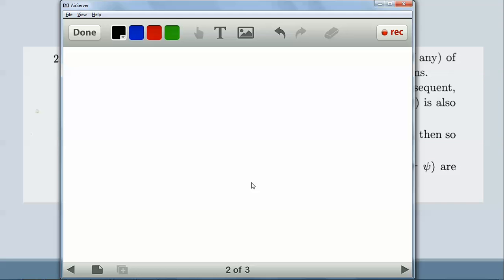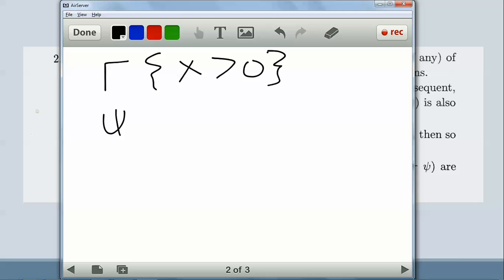Here's why. Let's say gamma is the set of statements, I don't know, let's say x is greater than 0, right? X is greater than 0 entails psi. Let's say psi is x does not equal -1.